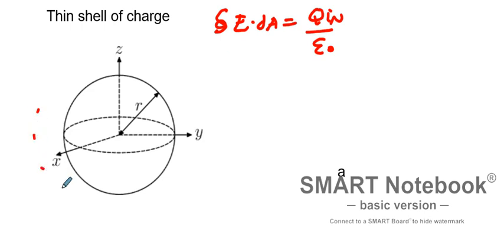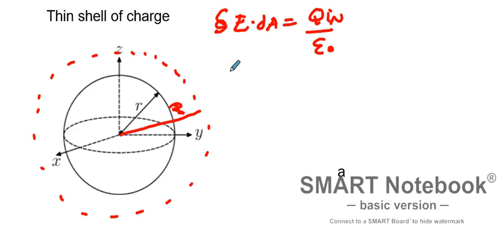This time I'm going to pick a sphere, so I'm trying to draw a sphere that goes around it. Our thin shell has radius r. We're interested in finding the electric field at a distance r away. So this, of course, will be the surface area of a sphere. So the area this time is going to equal 4 pi r squared. There you go. Now, what about the Q inside?